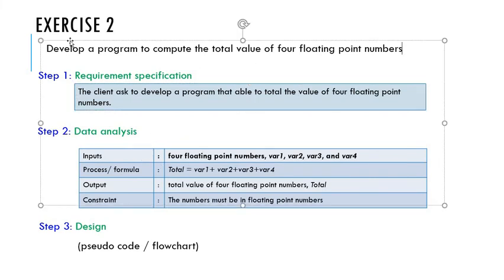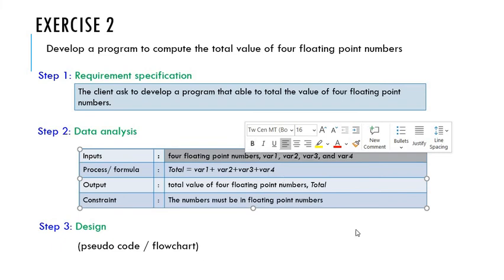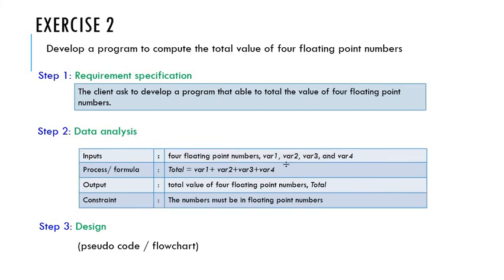The second step is data analysis. With the data analysis, the input is 4 floating point numbers. I name my variables as var1, var2, var3 and var4. You can put any name. So the formula is total is equal to var1 plus var2 plus var3 plus var4.